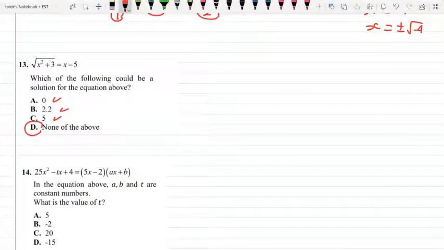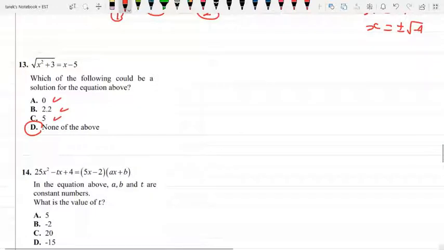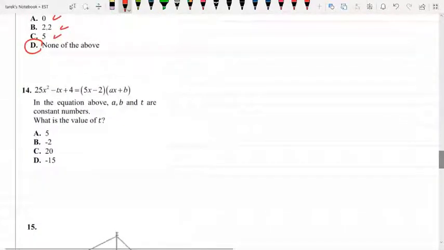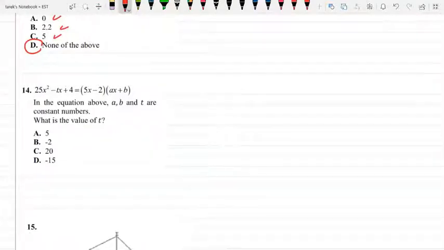Number 14. If 25x squared minus tx plus 4 equals (5x minus 2)(ax plus b) in the equation above, a and b are constants. What's the value of t? Okay, you have to remove these brackets. So keep the left side, 25x squared minus tx plus 4.